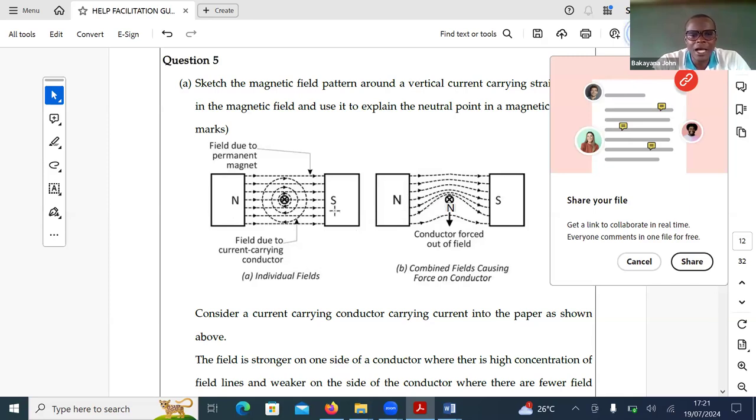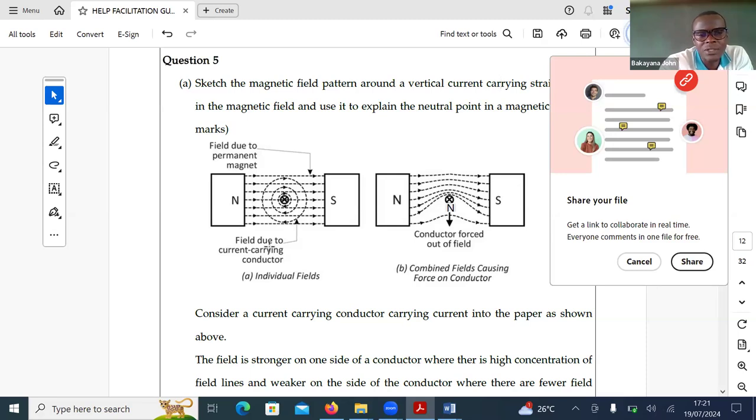Remember, we have two fields. Above the current carrying conductor, the field due to the conductor is clockwise, following the same direction as the one from the magnet, from north to south.